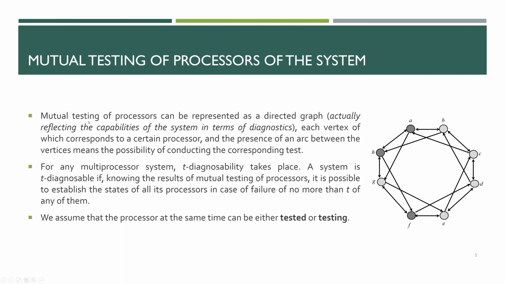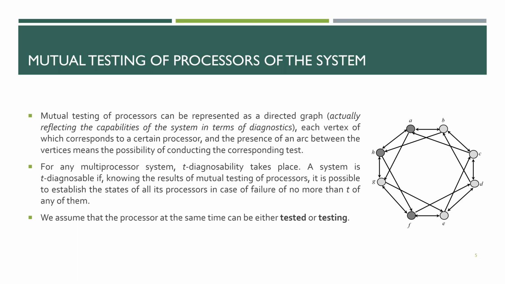Capabilities of mutual testing of processors can be represented as a directed graph, as you can see in the figure. Each vertex of this graph corresponds to a certain processor, and the presence of an arc between the vertices means the possibility of conducting the corresponding test. This graph actually reflects the capabilities of the system in terms of diagnostics.